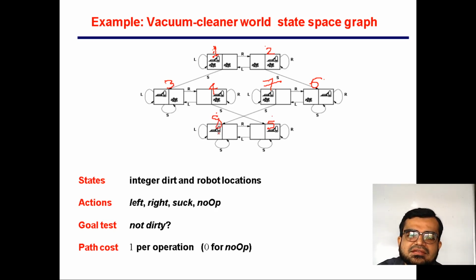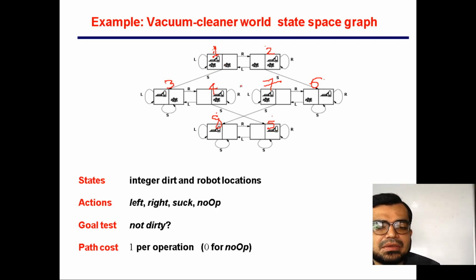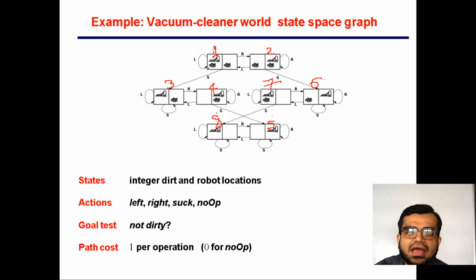In the eighth state, the dirt is not available in either location 1 or location 2. If you perform left or suck, it will be the same, and if you perform right again, it will enter the fifth state. This is how the maximum number of states are available in the vacuum cleaner world.